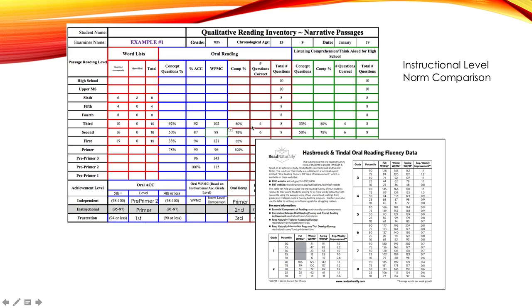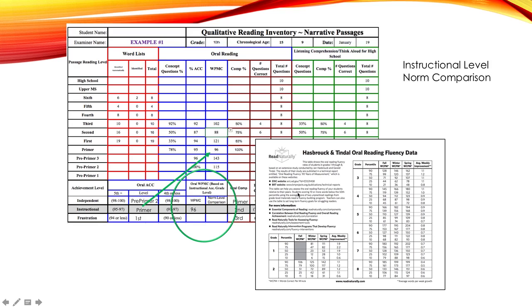So what we're going to look at is where was this student's instructional level on oral accuracy? And in this case, it happened to be the primer level. So we're going to look at how many words per minute correct they read at their instructional level. And that is actually going to go right here.